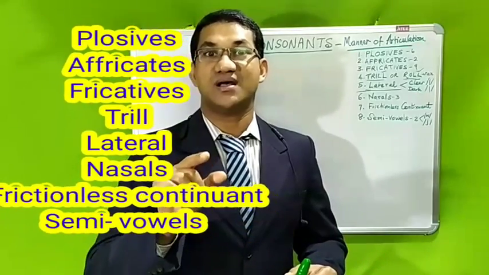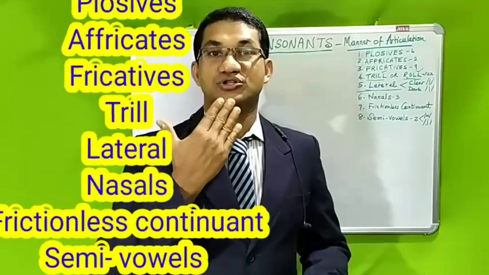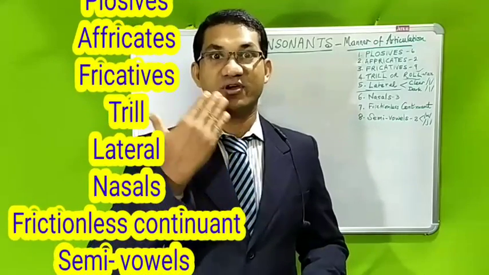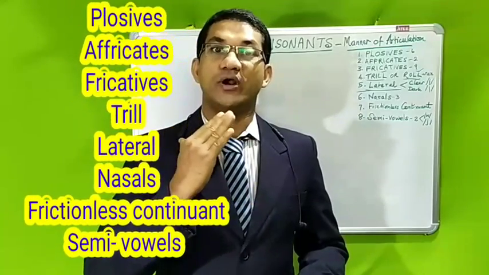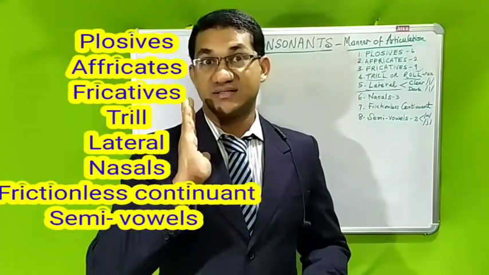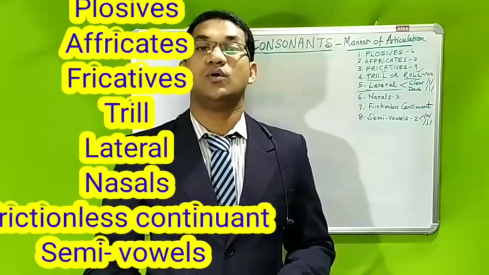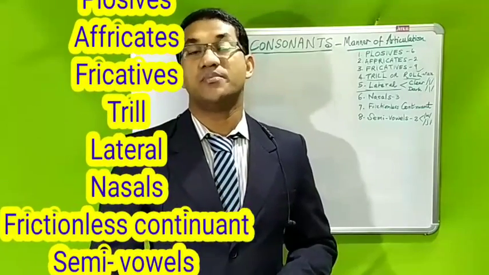So we understand: number 1, the closure of the oral cavity somewhere in the mouth; number 2, the lowering of the soft palate; and number 3, the escape of air through the nasal cavity. This is how the nasal consonants are produced.